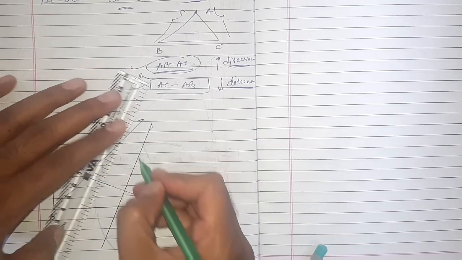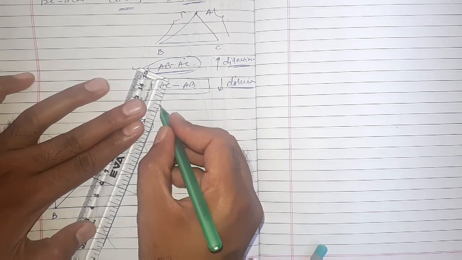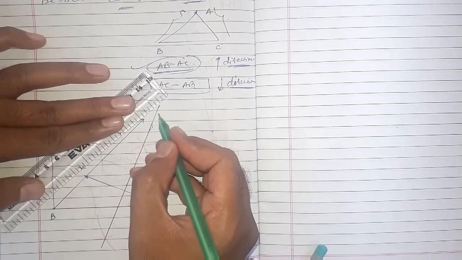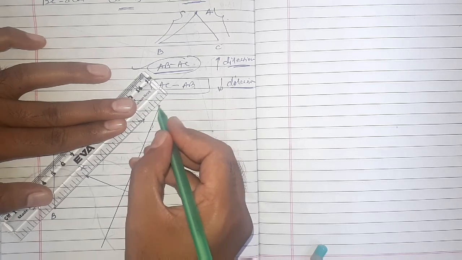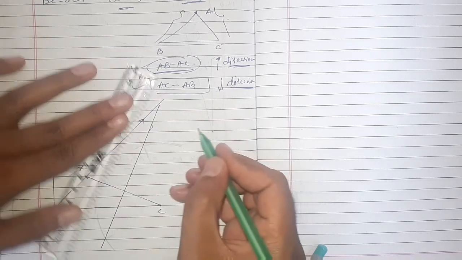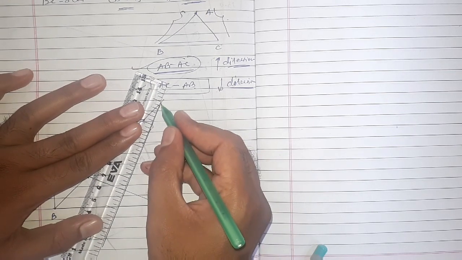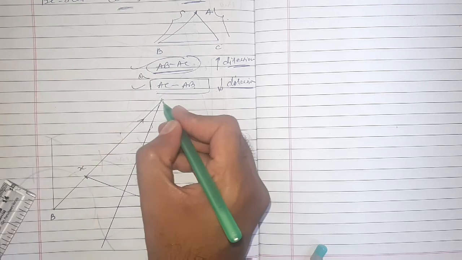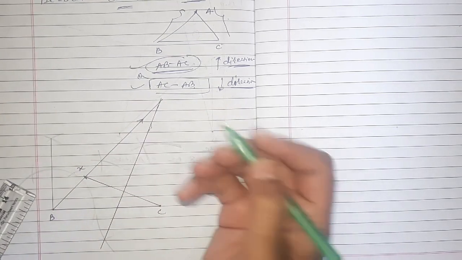Now extend this line so that this line and this line both intersect each other. Both of these lines intersect each other at this point.